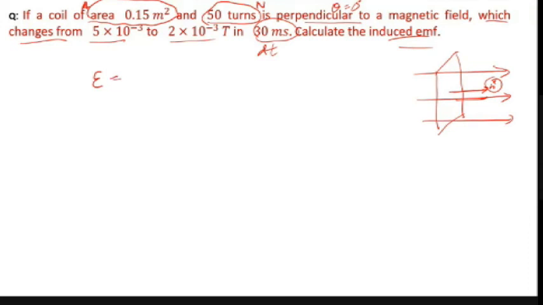BLV is for motional EMF. The coil is not moving here. Here the induced EMF is not due to rotation, due to change in magnetic field. BLV is applicable only when the coil moves or the area changes. Remember.